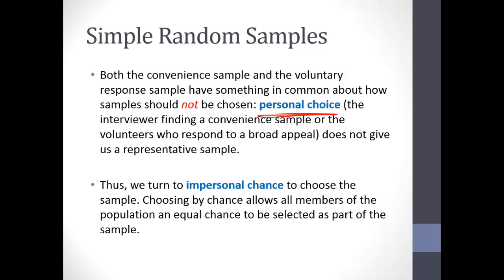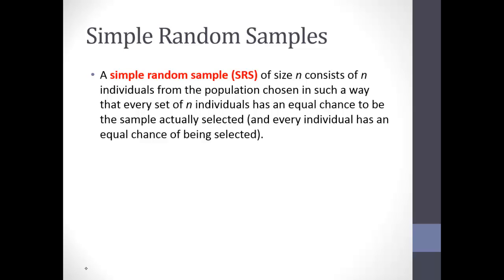The people who are part of the sample are choosing to be a part of that group. And we saw that in both of those cases, it does not give us a very representative sample of what's going on here. So, thinking about the other side of that, if we have some sort of impersonal chance or some sort of unbiased, objective way of choosing our sample, that will give us a more representative and a better sample.